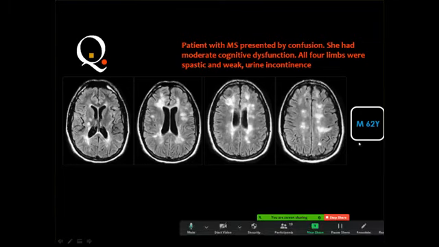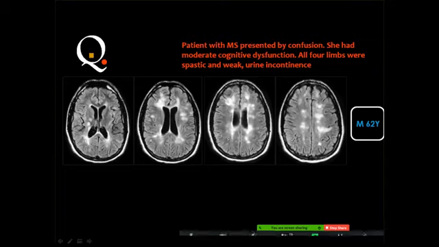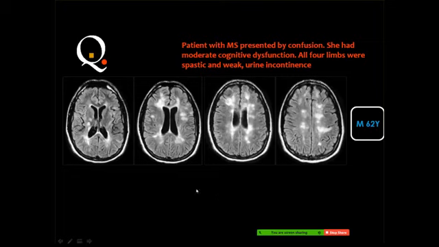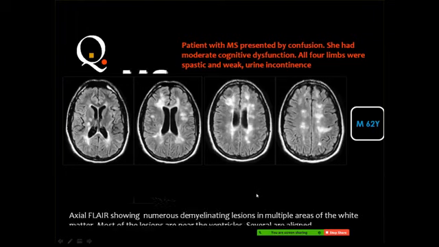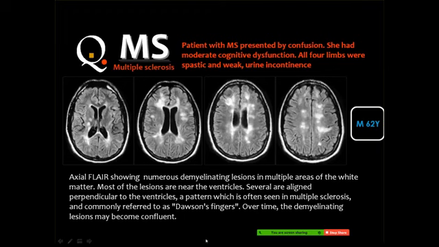Then how can you separate these lesions that are definitely MS from the subcortical arteriosclerotic encephalopathy based on the patient age? Actually, it's only the history and the previous films which can tell you that you are dealing with a case of MS or a case of ischemic encephalopathy.